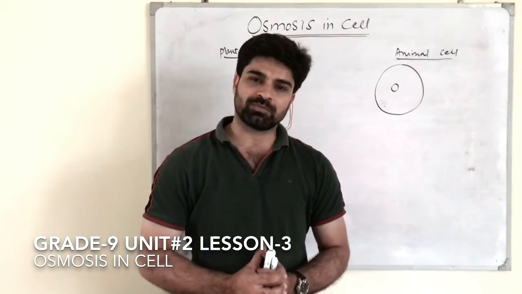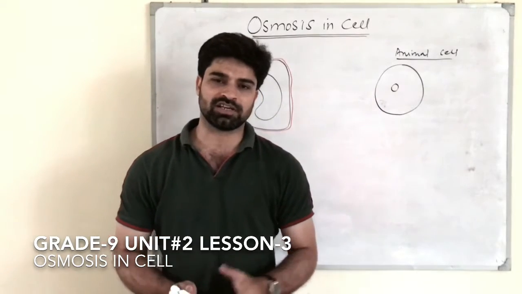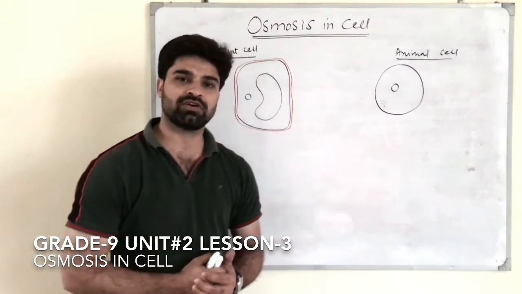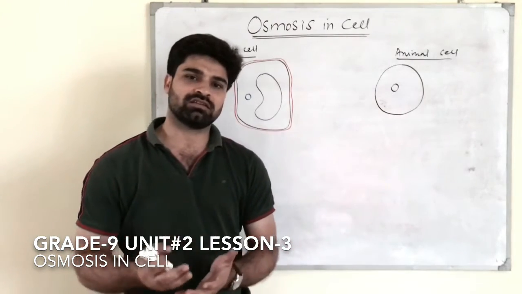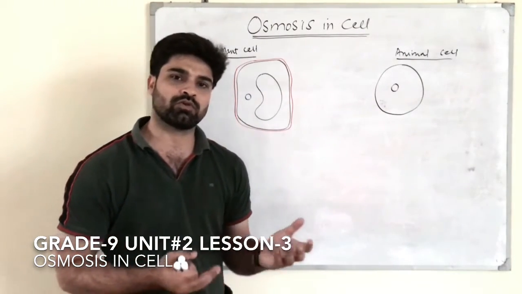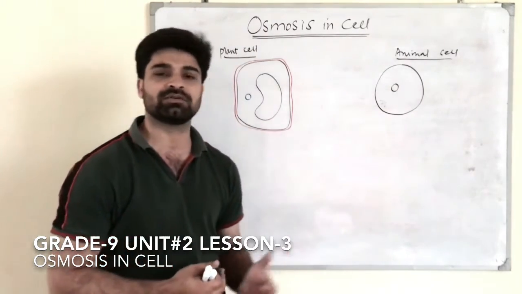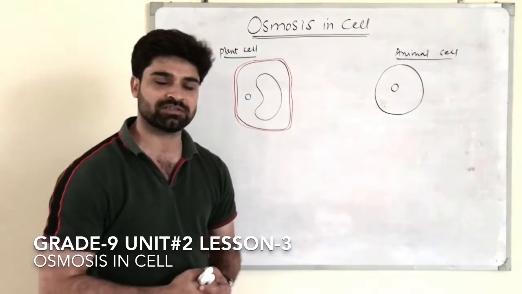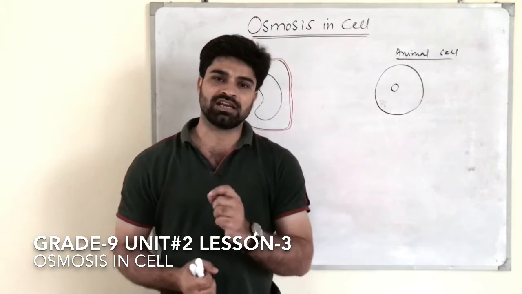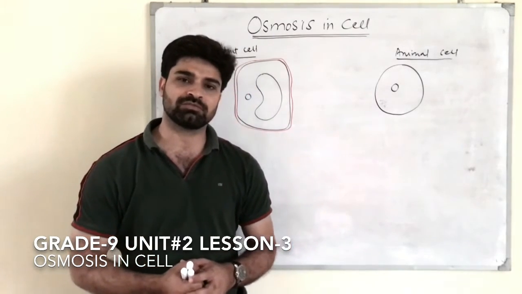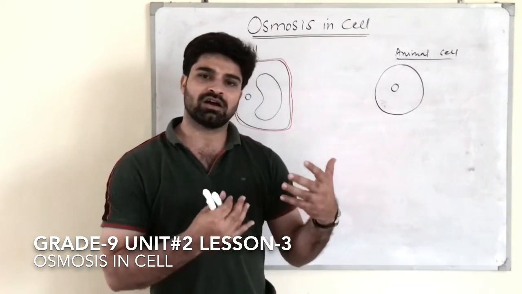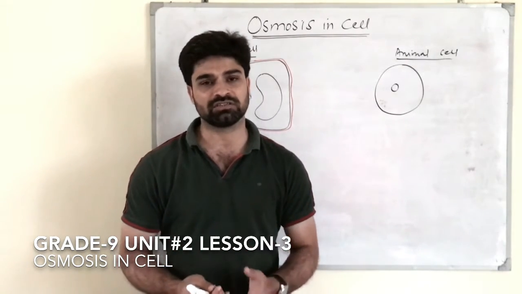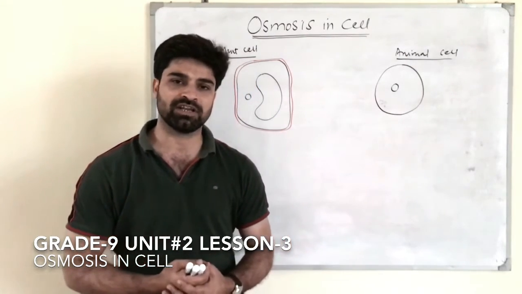Dear students, in our previous lesson, we were talking about a special case of diffusion, that was osmosis, and what makes it special is that in this kind of diffusion, water molecules are involved and there is a partially permeable membrane. We discussed in the definition that it is the net movement of water molecules from the region of high water concentration to the region of lower water concentration through a partially permeable membrane.